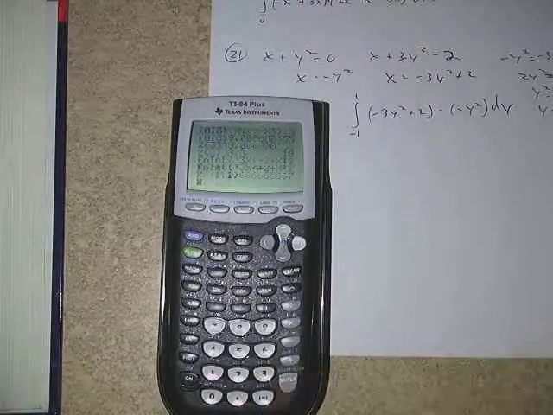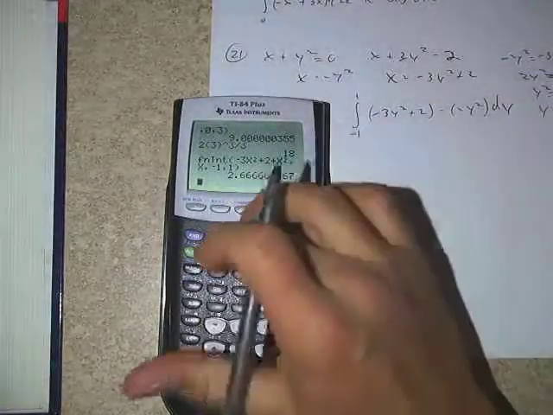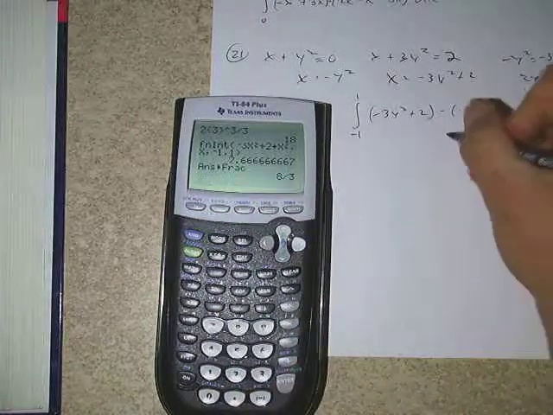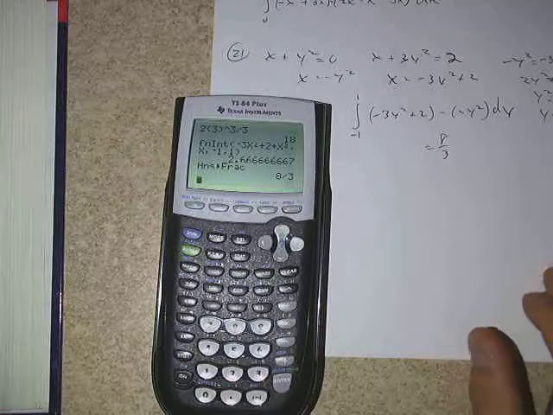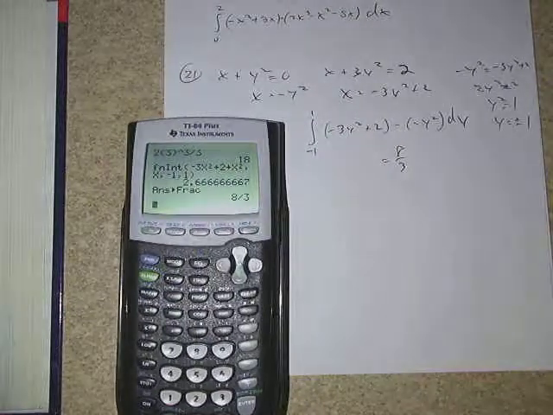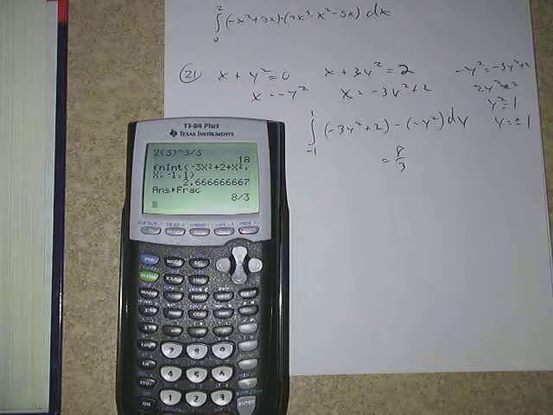Go up to change the mode again, back to function. Type that in there as such. 2 2/3, or 8/3.